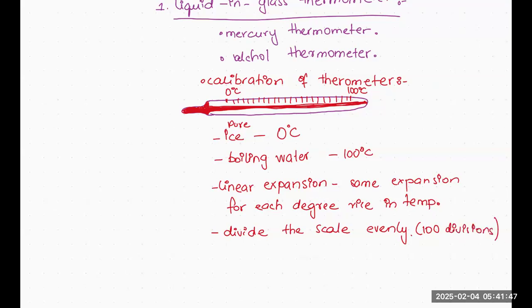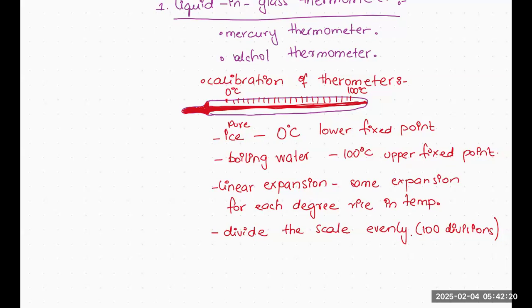Ice is basically your lower fixed point, and the boiling point of water is your upper fixed point. To be very honest, depending upon the scale, we can have different fixed points.